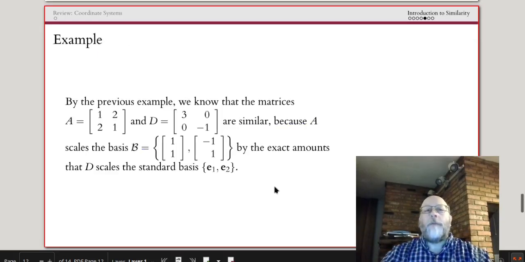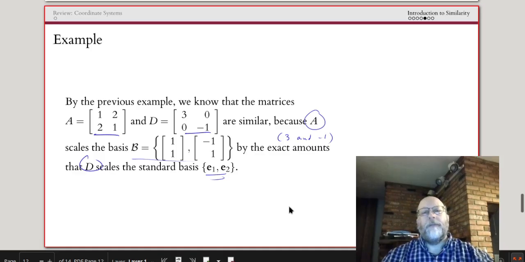So let's follow up on what we just saw. By this example, we know that these two matrices are similar because A scales this basis by the exact amounts, 3 and -1, that this matrix scales the standard basis.